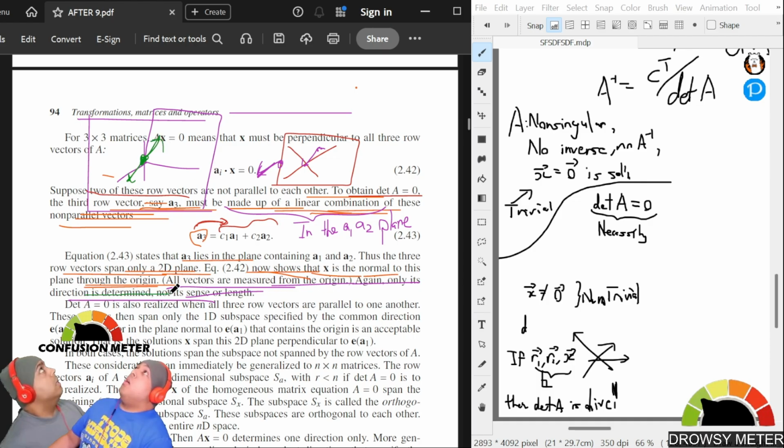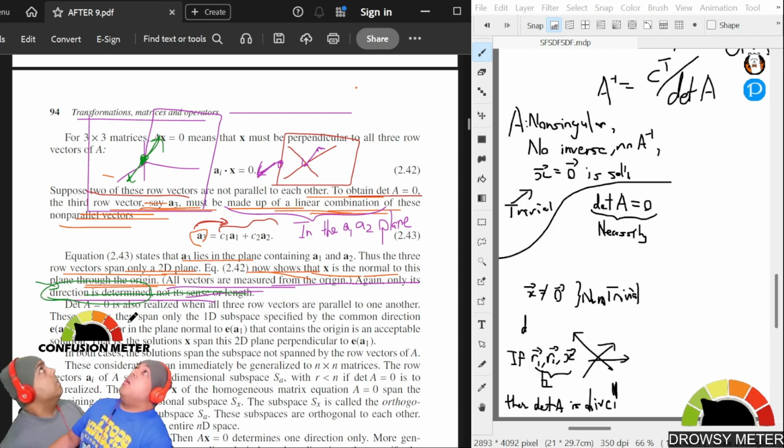Only its direction is determined, not its sense or length. Is this not two directions, or are they counting this as one? I'm going to assume they count it as one, because that's what they're saying.